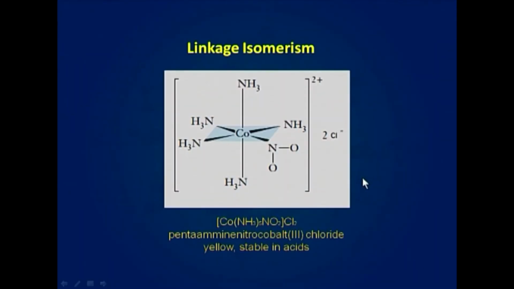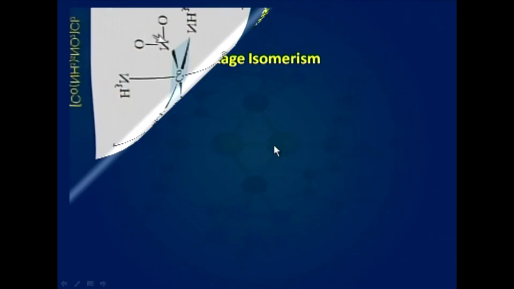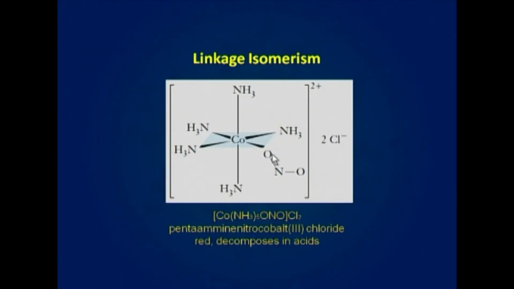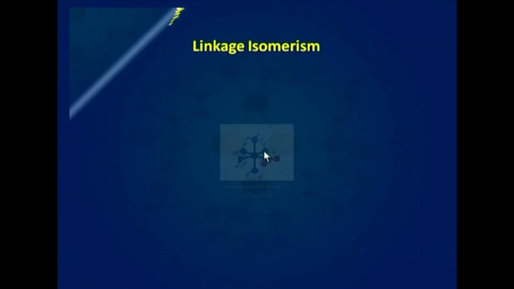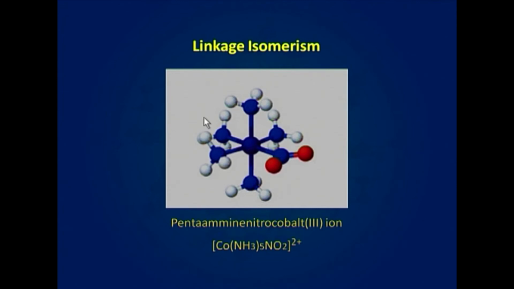Here you can see the structure of both the isomers. In this case, nitrogen is attached to the metal ion and in the other case, oxygen is attached to the metal ion. In the ball and stick model also, you can see the difference in the atom of attachment with the metal ion.